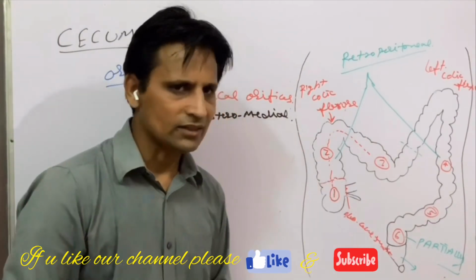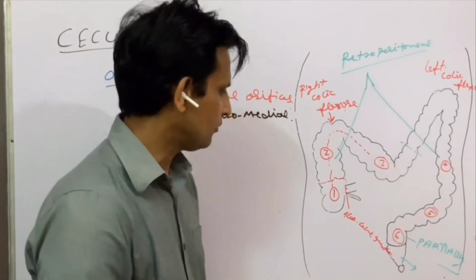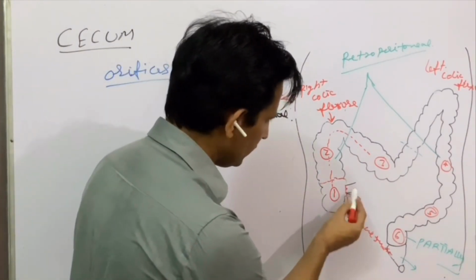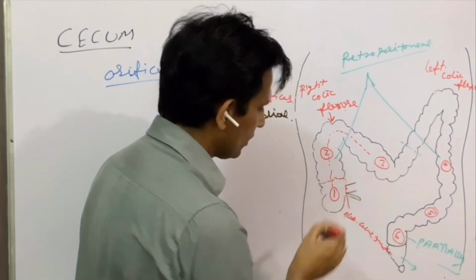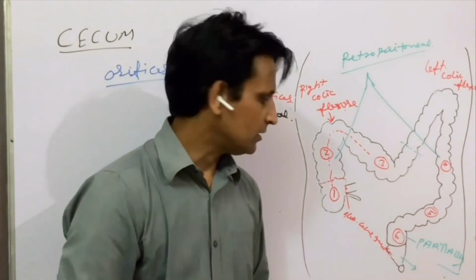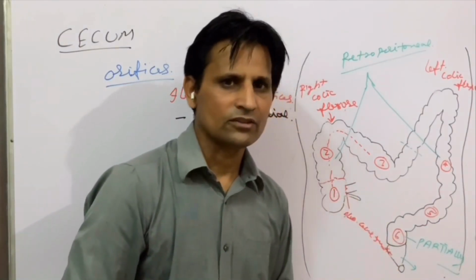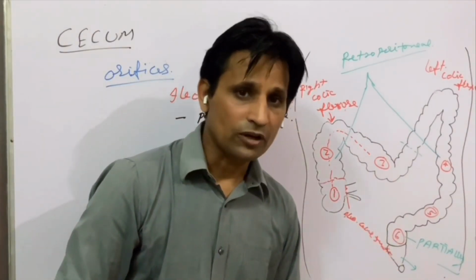The second more important thing: what would be the diameter of this orifice? This one is the ileocecal orifice. If you remember the diameter of the small intestine, you can tell the diameter of this orifice. That was 2.5 centimeter.